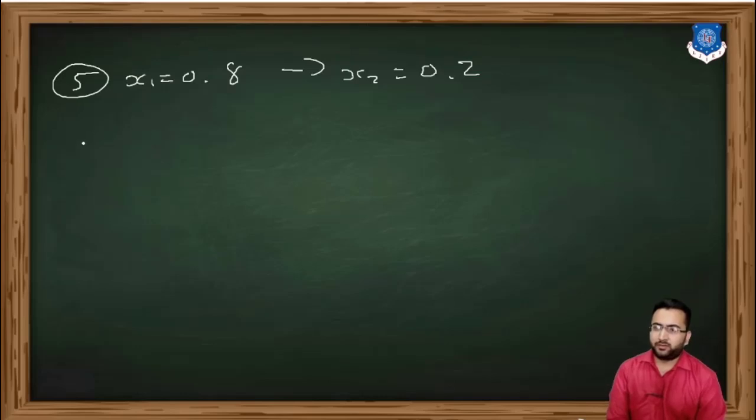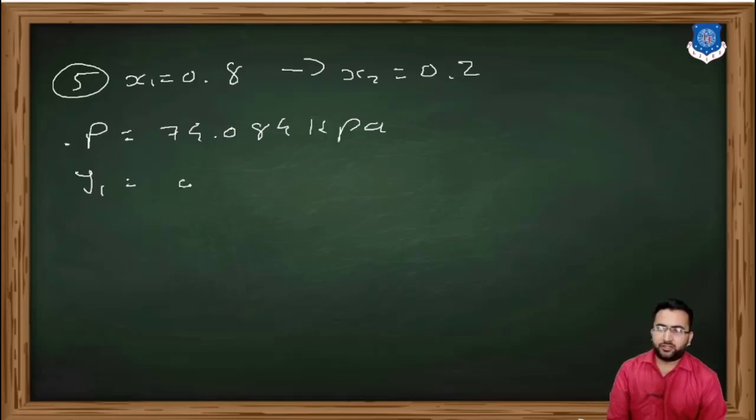Using the bubble point equation, we can find the pressure for 0.8, which is 74.084 kilopascal, and y1 using Raoult's law we will get 0.888.